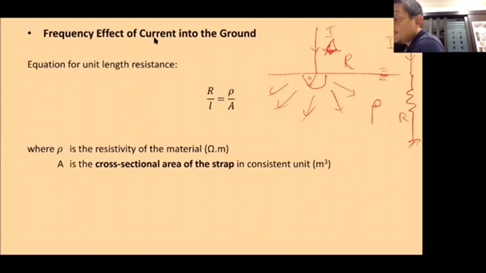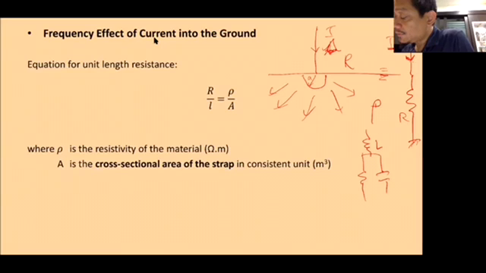Now, the frequency of the current, of course, can influence how the current flows. As you increase the frequency, the equivalent resistance cannot be simulated by just an R, but you also have a C as well as an L in series.